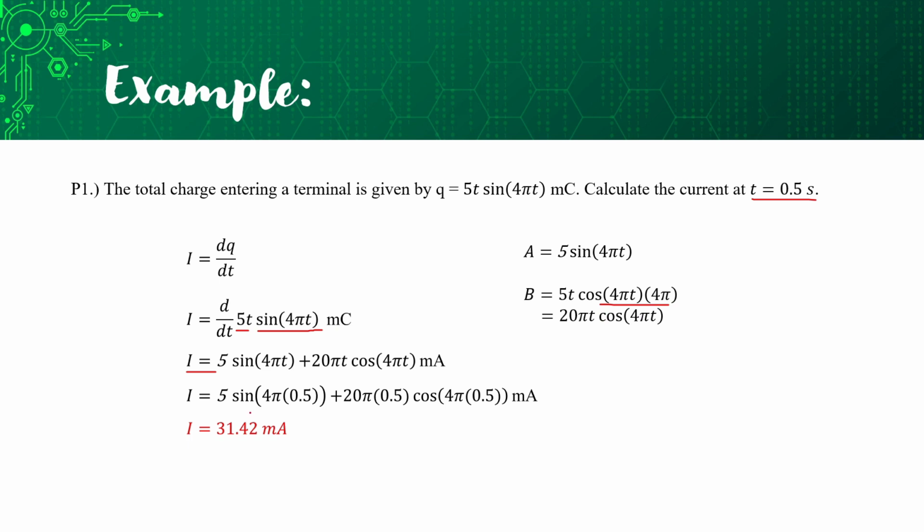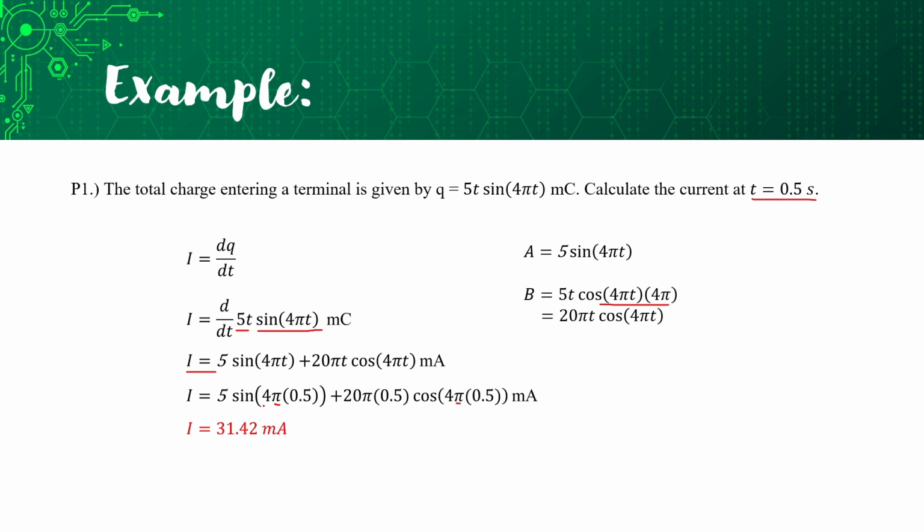Note that you need to change the mode in your calculator because we are dealing with pi. It means trigonometry with pi inside, so we need to change the calculator into radian. Then you can get 31.42.